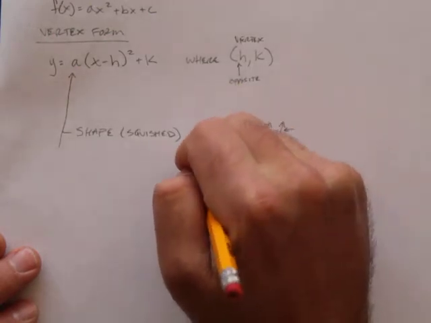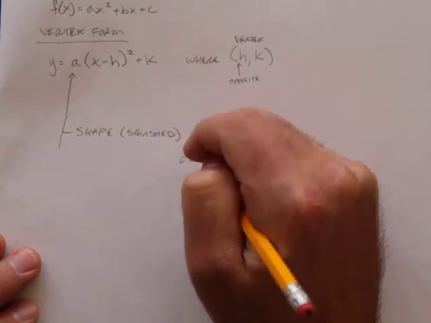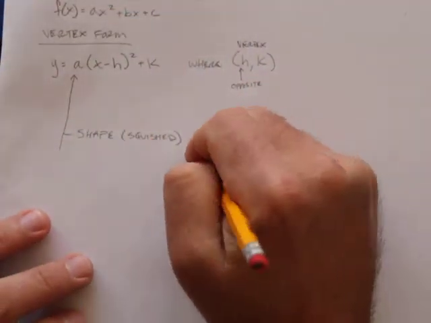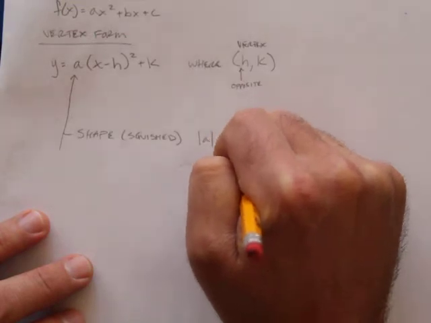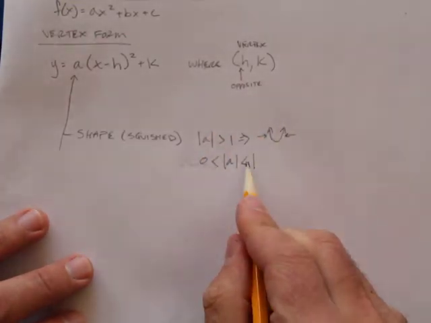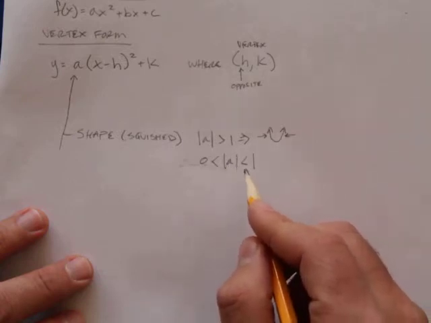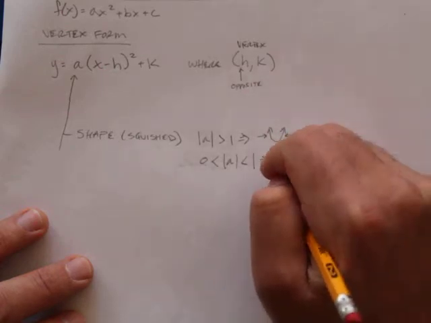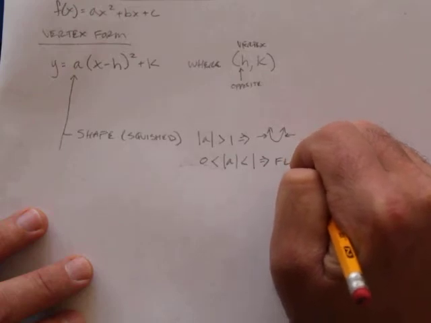If I have 0 is less than the absolute value of a is less than 1, meaning it is a fraction between 0 and 1, or 0 and negative 1, because we have an absolute value here, then it's going to make our parabola flatter.